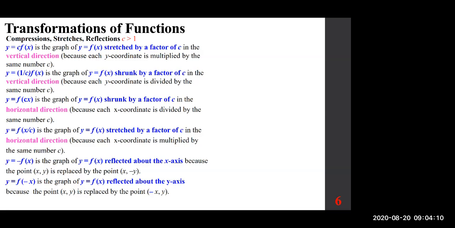If it's 1 over that, it shrinks it by that much. But what happens when you put it inside, f of c of x, it has the reverse effect along the horizontal direction. It's a shrinkage along the horizontal direction, and if it's x over c, it stretches.